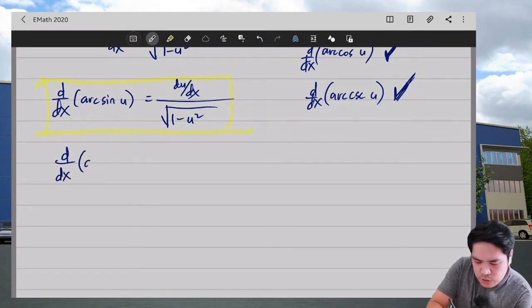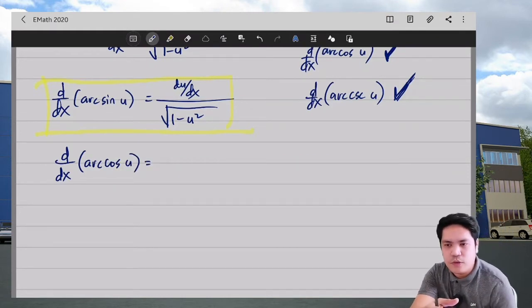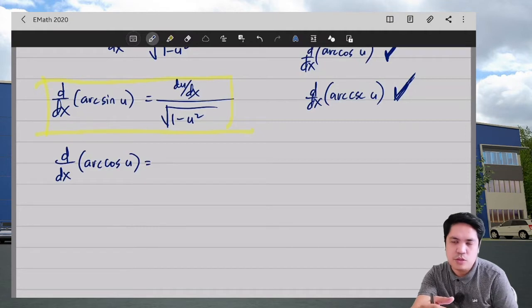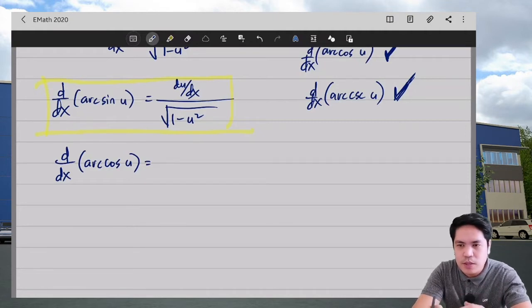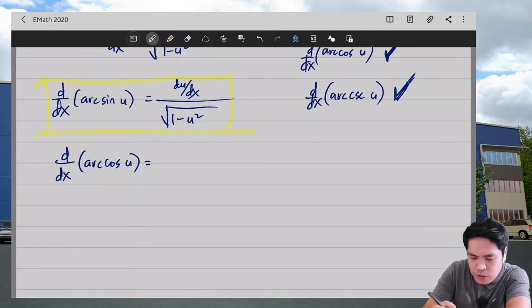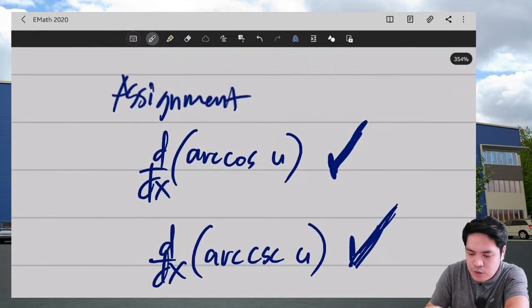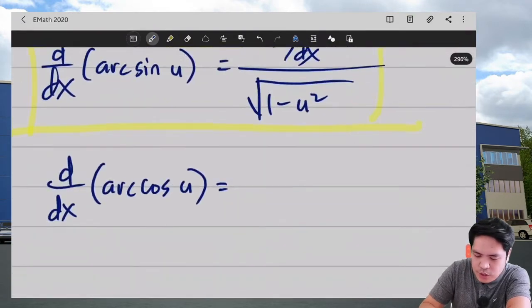For the arc cosine of u, that is similar to the derivative of the trigonometric functions. If you observe, the cofunctions are negative. The same here. But here it's simpler and easier to memorize. The derivative of arc cosine, which is your assignment to derive or prove, I will just give the answer here.